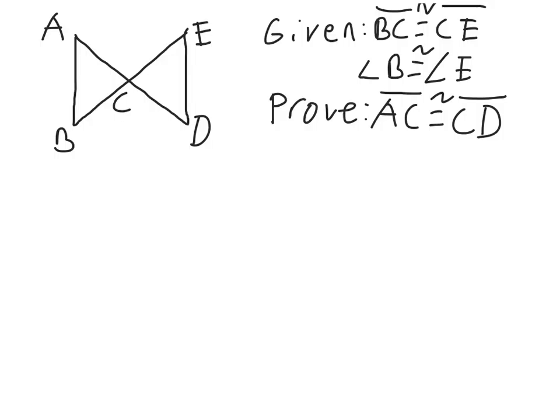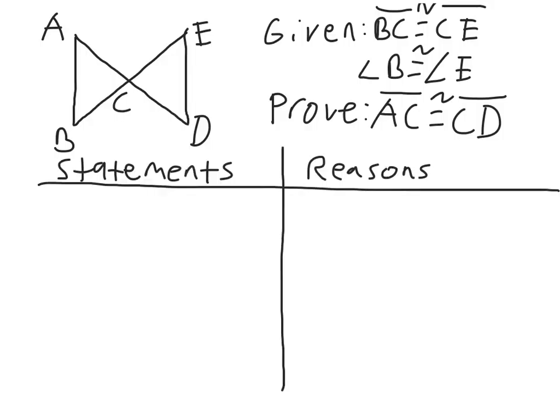So, start off by making your two-column proof. Now, once again, start with your givens. Number 1, BC is congruent to CE. And that's given.